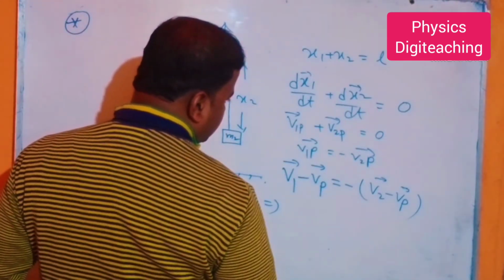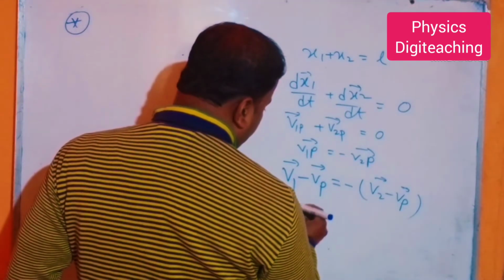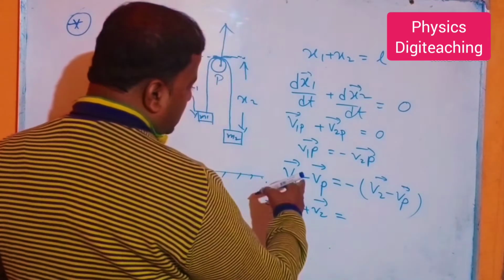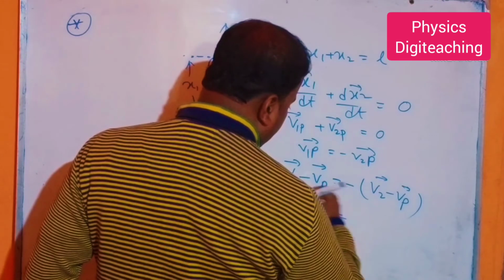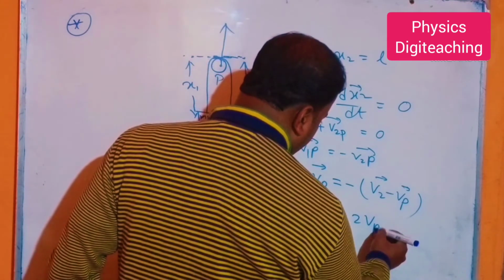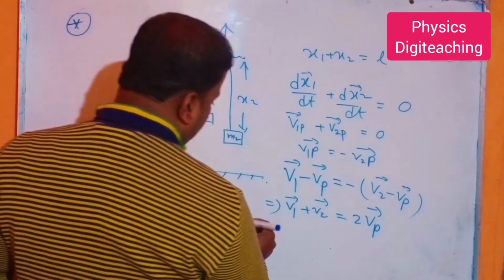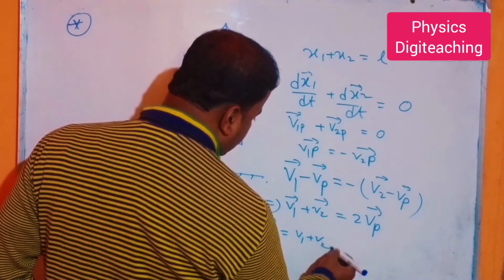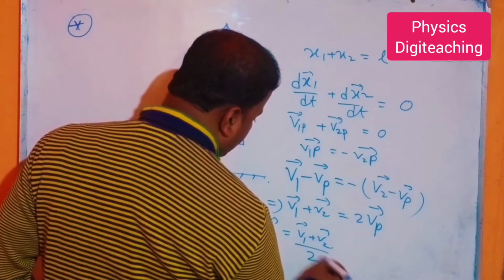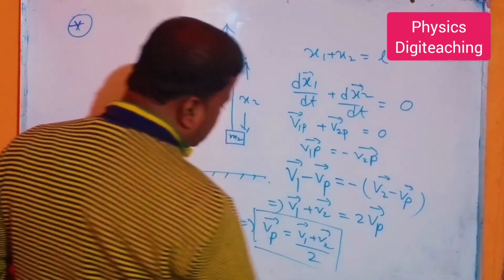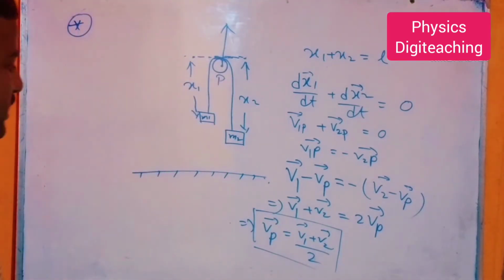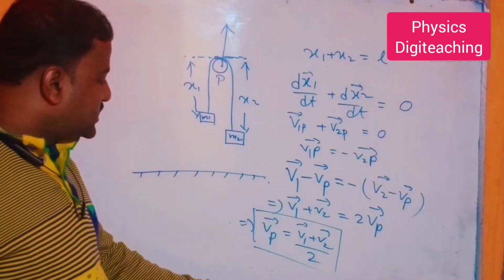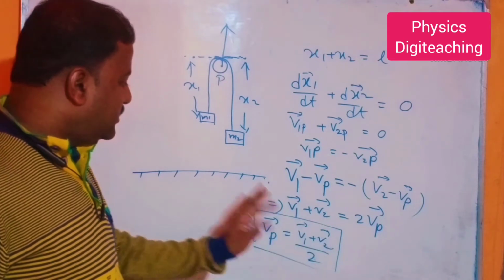Now v1 plus v2 equals plus vp and plus vp, that is 2vp, or vp equals (v1 plus v2) by 2. If the pulley is moving with a velocity vp with respect to the ground, then we get this equation: (v1 plus v2) by 2 equals vp.